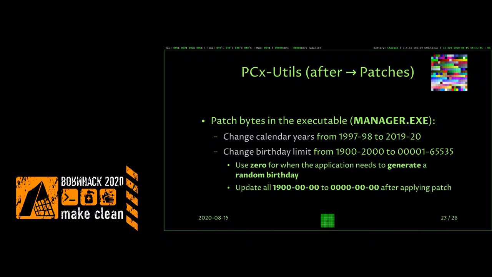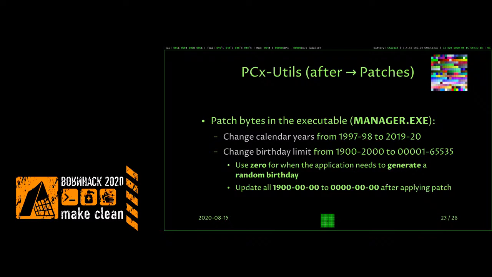So I didn't want to make any changes to the manager because I didn't want to distribute the binary itself. But what I ended up doing, in this PCX utils, I made some extra tooling that can patch the original binary file, and it will actually update it. And I really had this problem because I was just thinking, well, the game was from 1997, so what if I just moved 1997 to 2019, right?